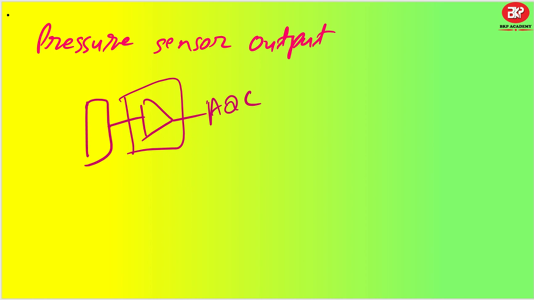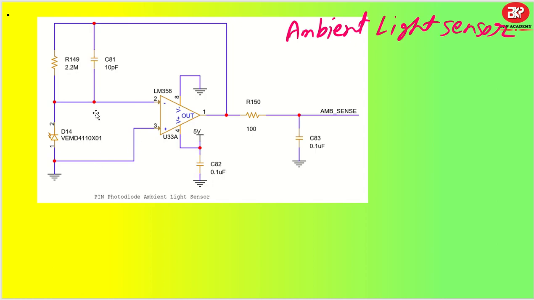Let me give you some examples that you can directly take into account. Let us say we have an ambient light sensor that is going to give you some output. The part number I have used is VEMD4110X01. This is the integrator mode kind of thing. It gives you a low pass filter of around 6 kilohertz.